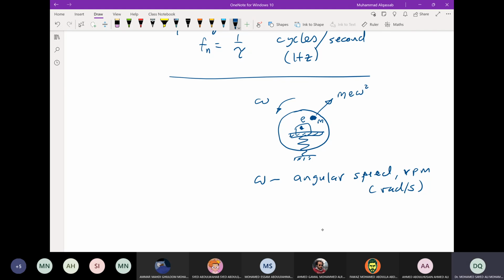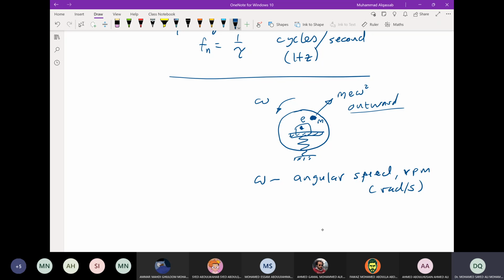This force is always outward, which means radial. A force has a magnitude and direction, and the direction of centrifugal force is away from the center.